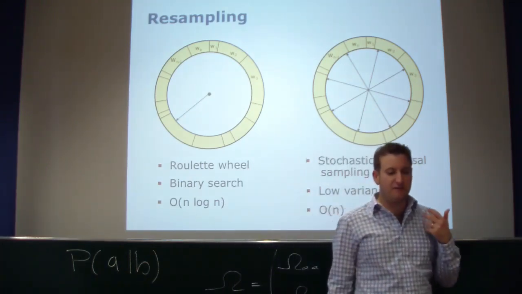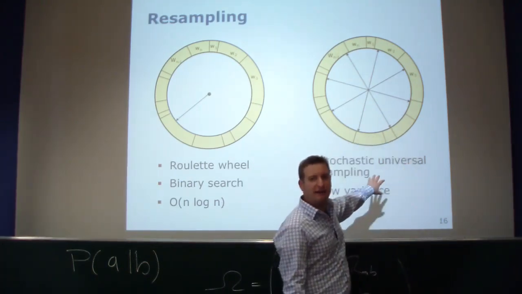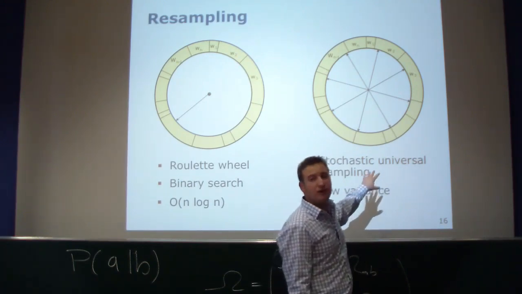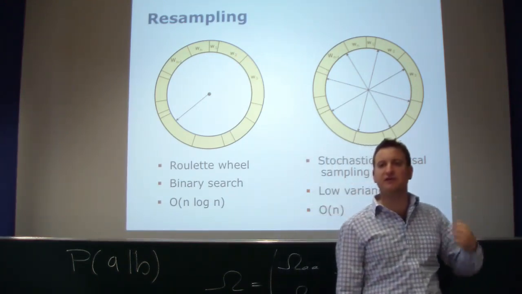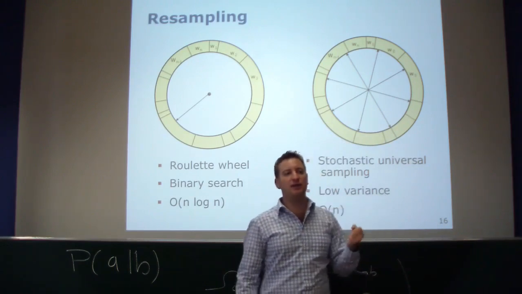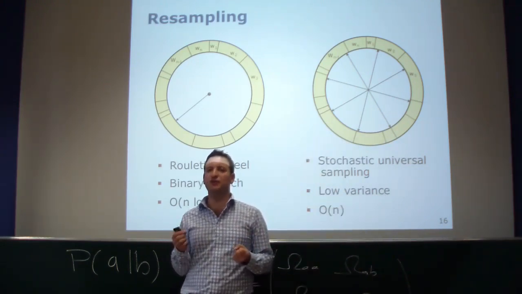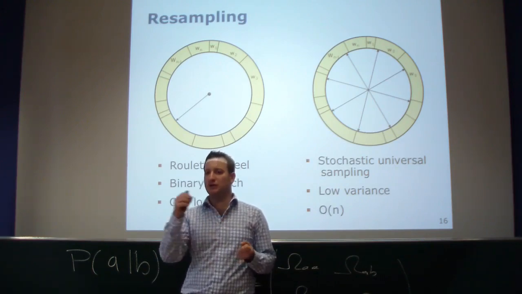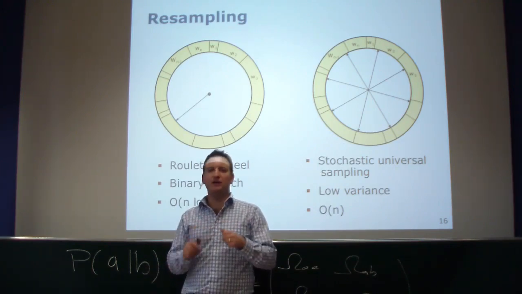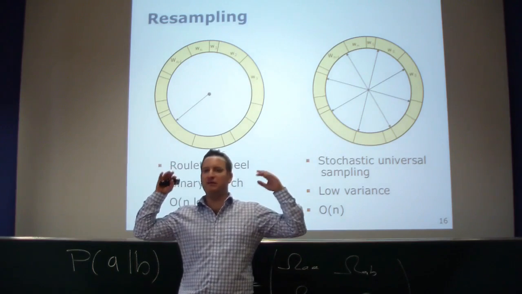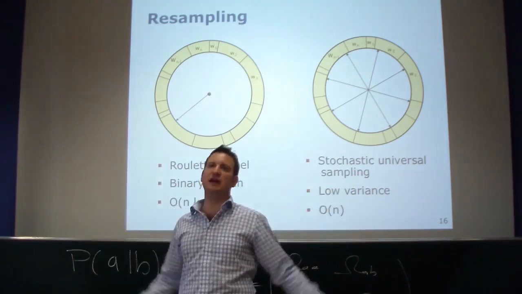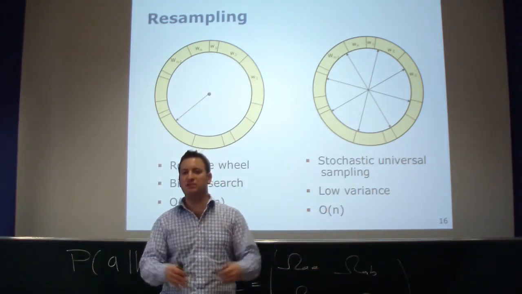This makes it a much better technique, not only because it's faster to compute, but also because it leads to better particle sets. This is especially the case when, for a certain period of time, your observations are not well suited to tell you which is the good particle and which is the bad particle. Let's say the sensor is currently not able to tell you which position is best among the particles.